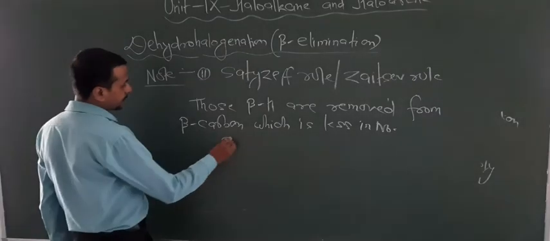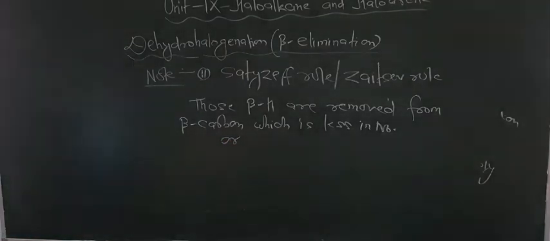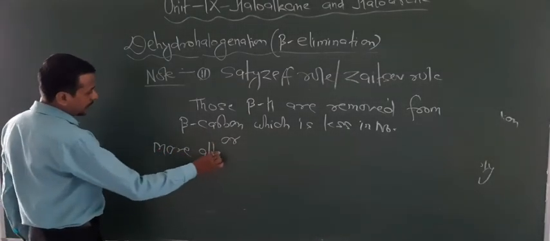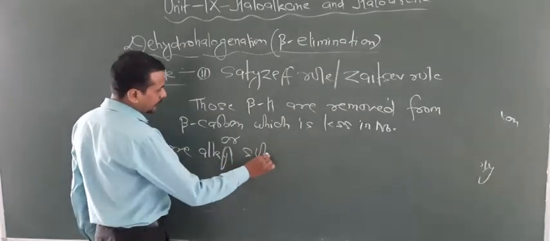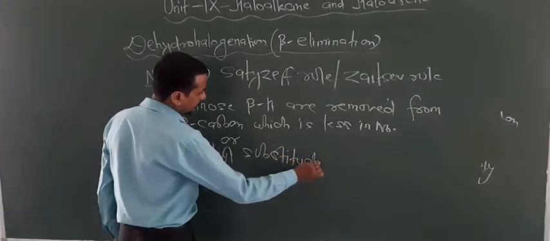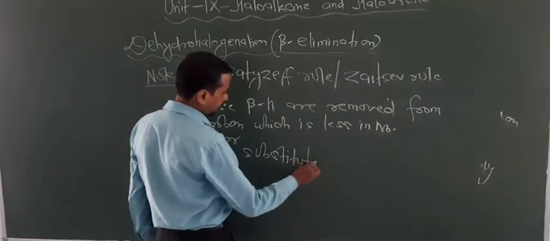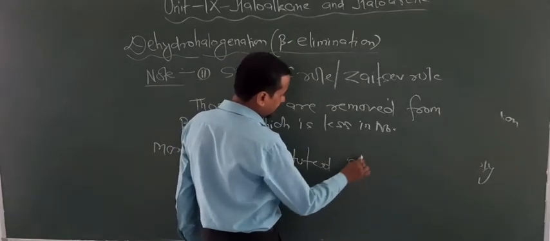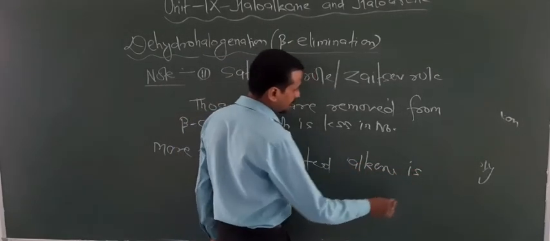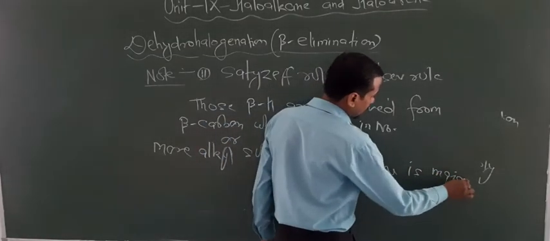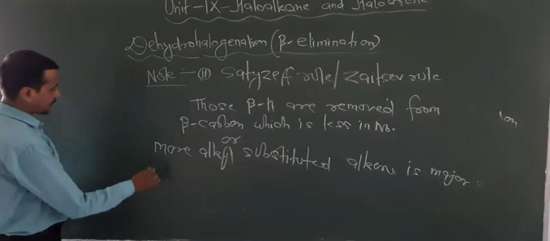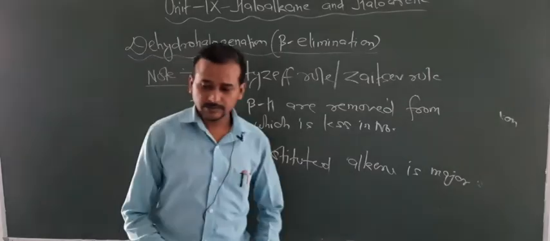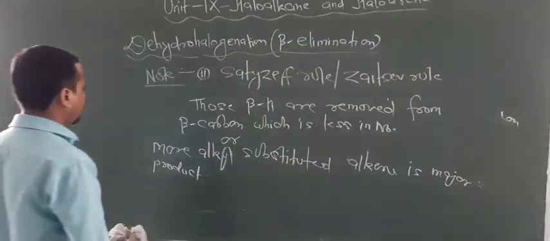You can also say that the more substituted, that means more alkyl substituted, alkene is the major product. Out of the 3 ways which you can apply, all have the same answer.